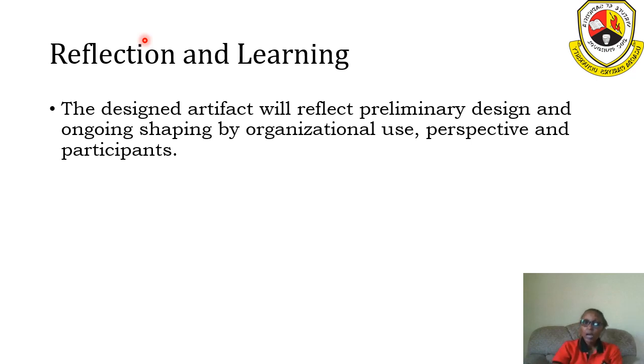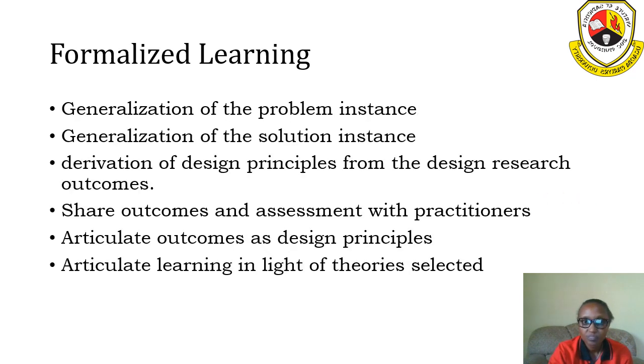It's reshaping our designed artifact, but it's also reshaping our theory, the theories that drove us first to design the artifact, if they're actually effective in designing an effective artifact. So that evaluation process brings us to formalizing our research.